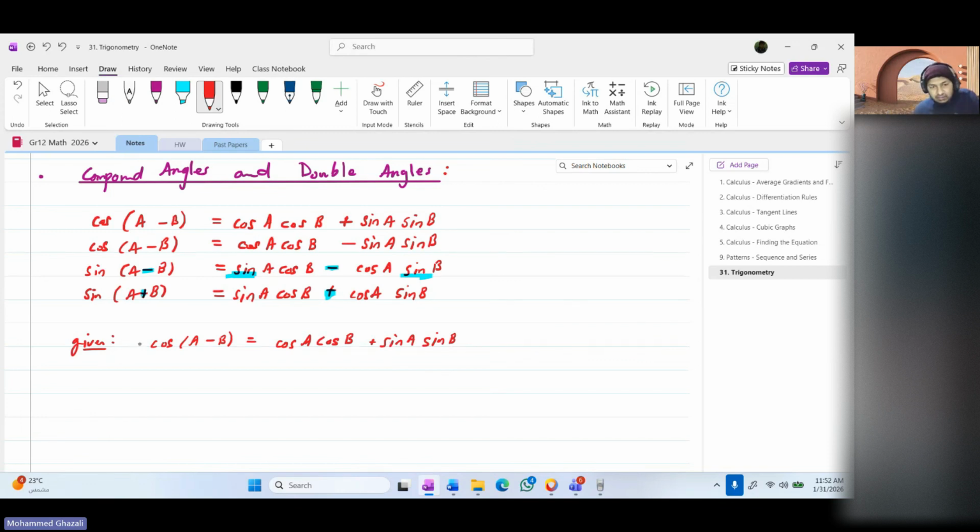Using this information, find sine of A plus B.